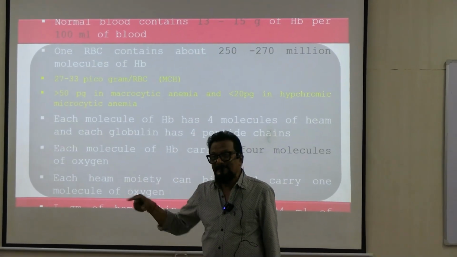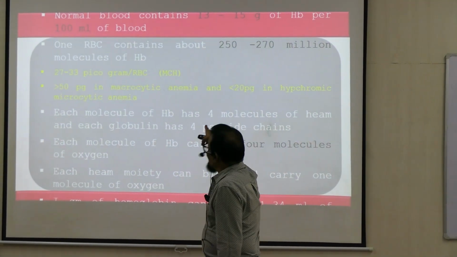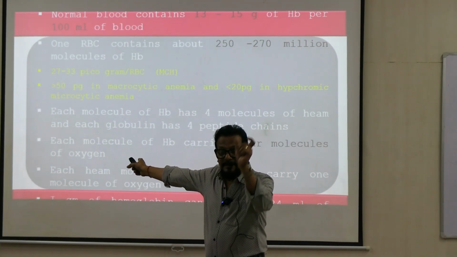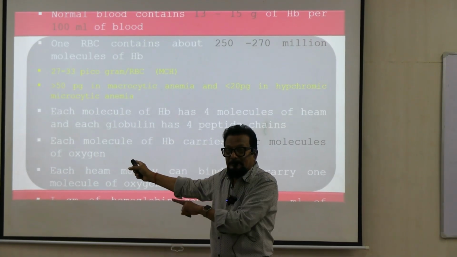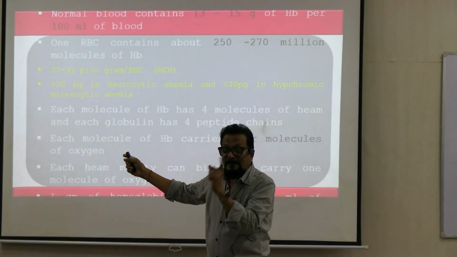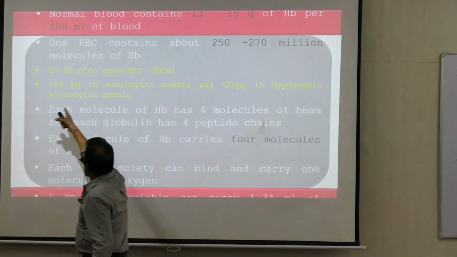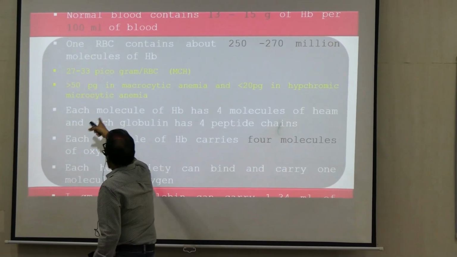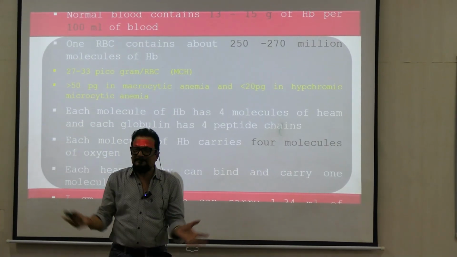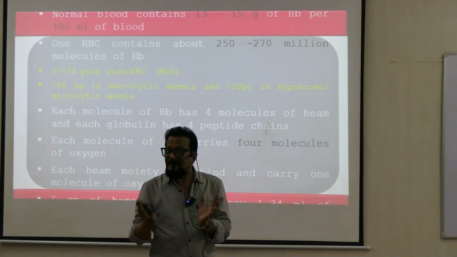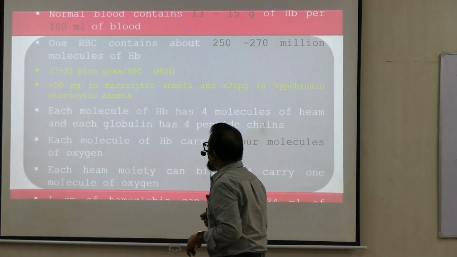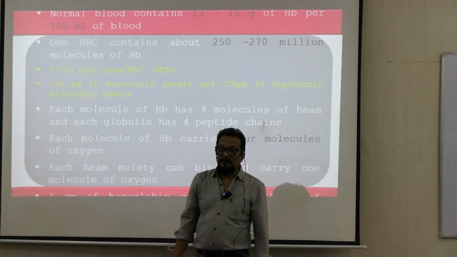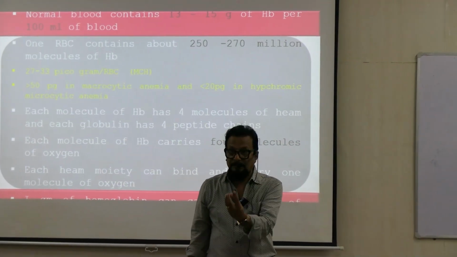You can assess it in the laboratory by measuring MCH, mean corpuscular hemoglobin. I told you there are hematological indices. When we measure this index and find a value within this range, then there is no anemia. When it is more than this, the cell is larger in size, obviously macrocytic anemia. When it is less than 20 picogram, it is hypochromic anemia.